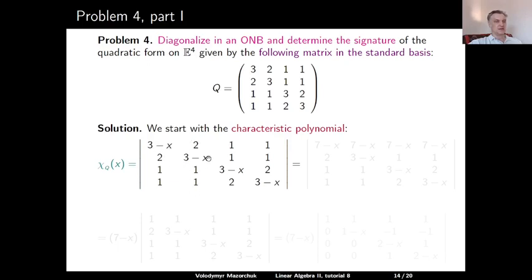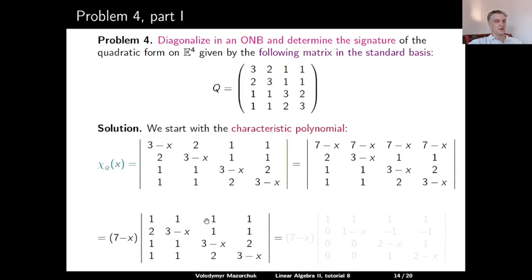We have 7 minus x here, 7 minus x here, and 7 minus x here. So the first row is 7 minus x, 7 minus x, 7 minus x, 7 minus x. So we take the 7 minus x out, we get 1, 1, 1, 1, 2, 3 minus x, 1, 1, 1, 1, 3 minus x, 2, 1, 1, 2, 3 minus x. So this is our new determinant.